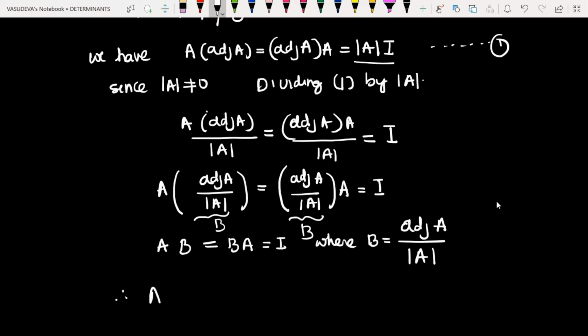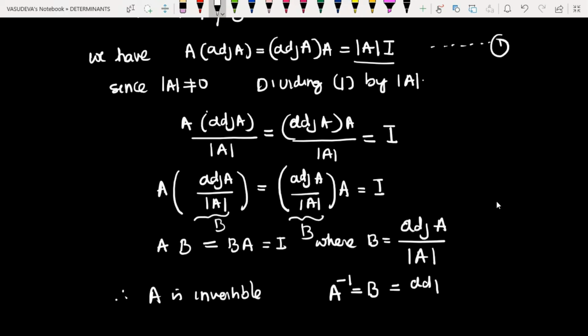Therefore, A is invertible. If we show this result, AB is equal to BA is equal to I, and A is invertible, therefore the inverse of the matrix A is equal to B. What is B then?